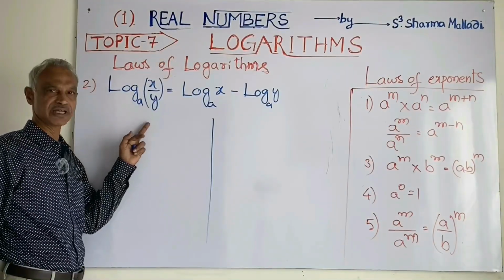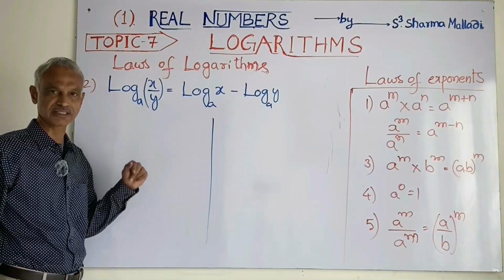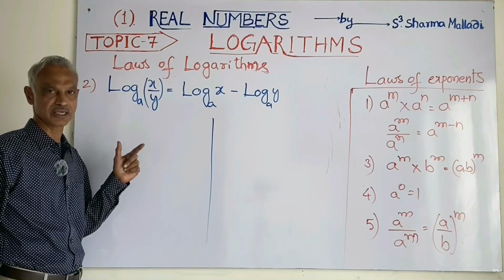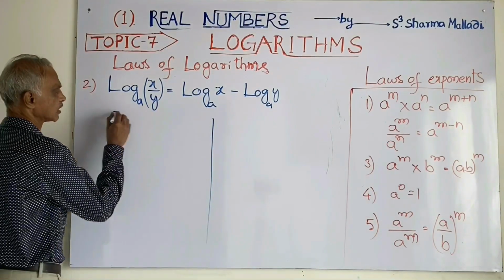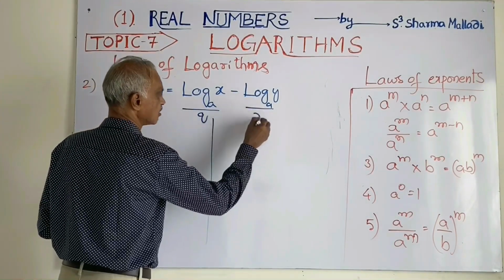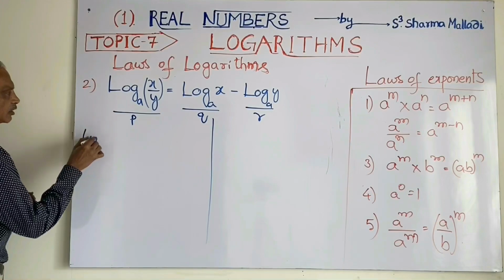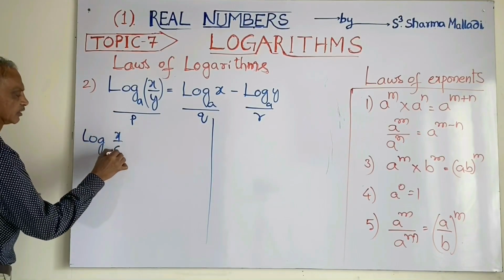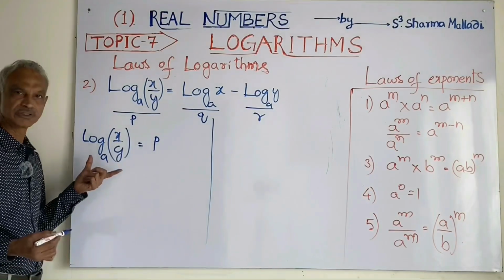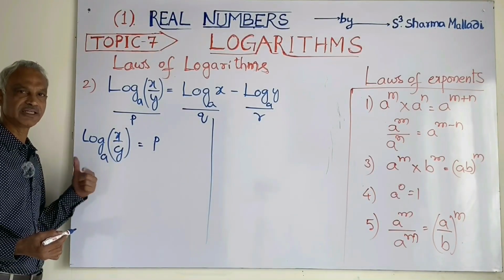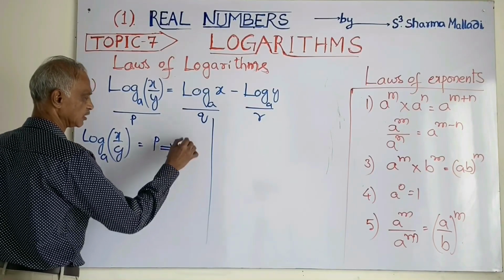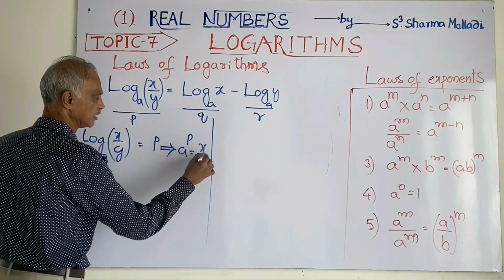Log x by y to the base A is equal to log x to the base A minus log y to the base A. You take this as P, this is Q, and this is R. See, log x by y to the base A is equal to P. This is logarithmic form. You write in exponential form. This can be written as a to the power of P is equal to x by y.